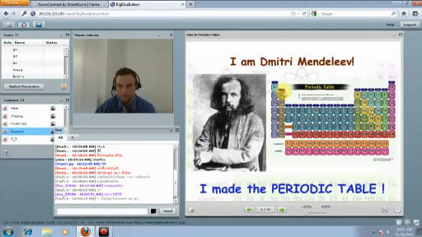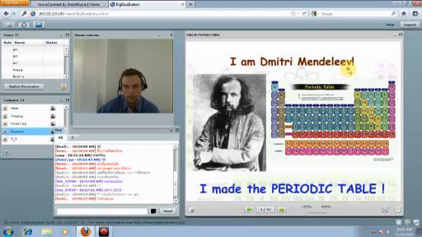And the periodic table looks like this. This is Dmitry Mendeleev. He's a Russian guy. He really hates the barber, as you can see. He's pretty much never gotten a haircut or a beard trim, it looks like.